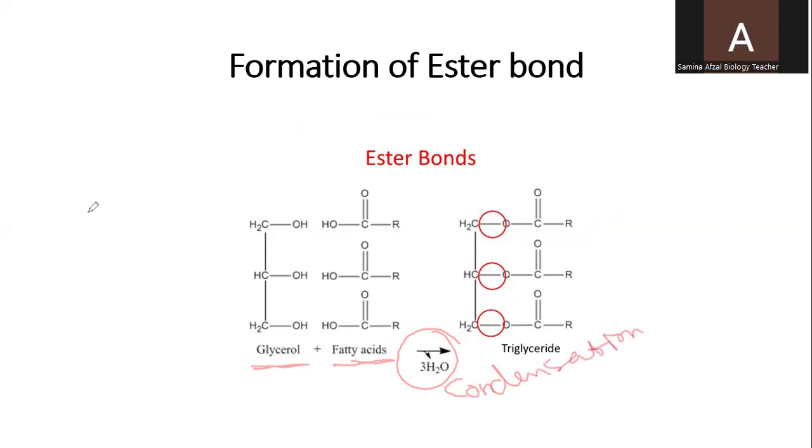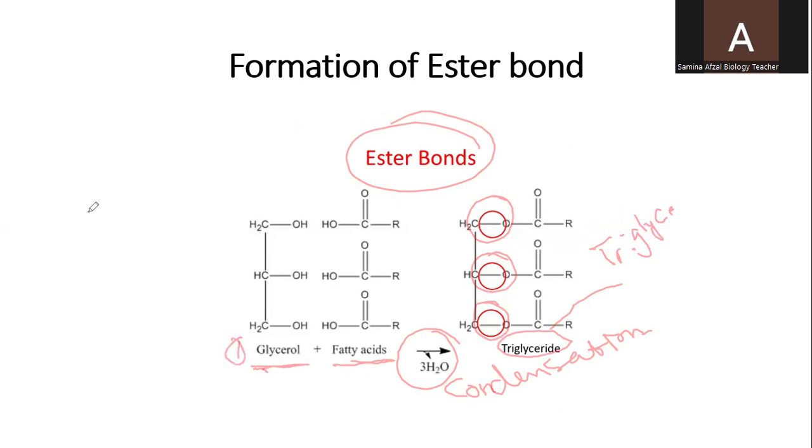Again, a condensation reaction is involved in the formation of the ester bond. So here, the ester bond is formed to make the triglyceride molecule from one glycerol molecule and three fatty acid molecules. The bond which is formed is called an ester bond, as a result of condensation reaction.